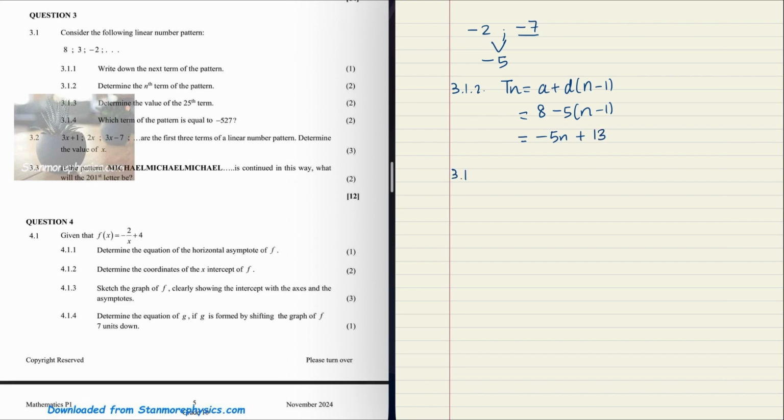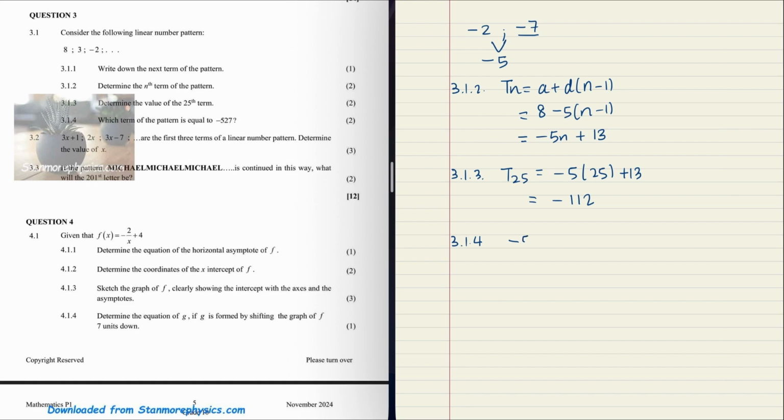Question 3.1.3, determine the value of the 25th term. So T25 is going to equal negative 5 into 25 plus 13. And that's going to equal negative 112. Question 3.1.4, which term of the pattern is equal to minus 527?